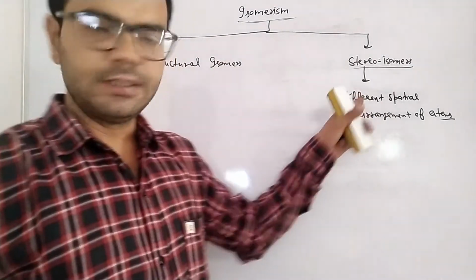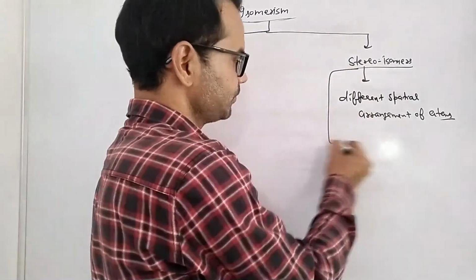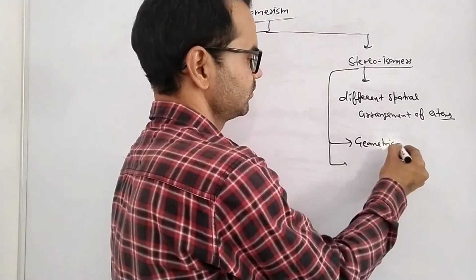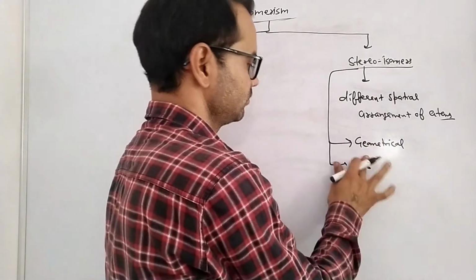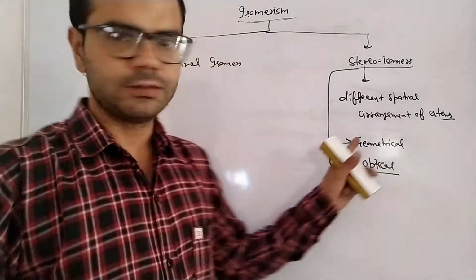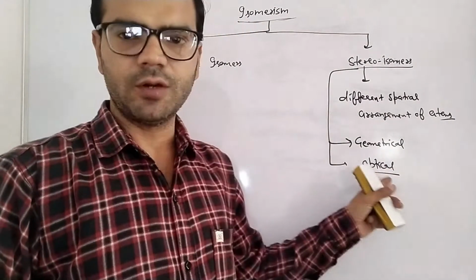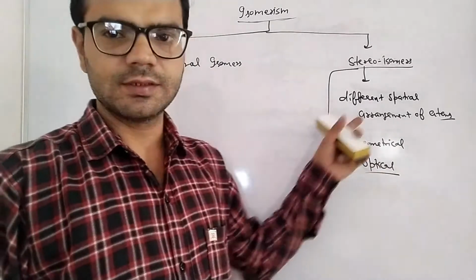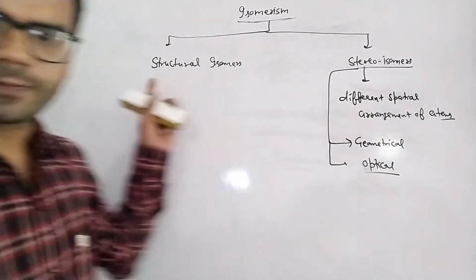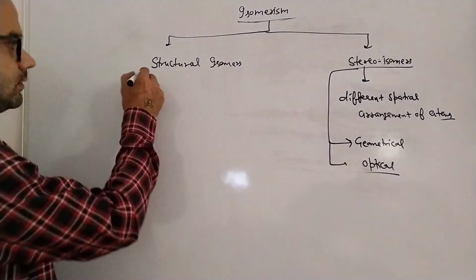We can further divide stereoisomers into geometrical isomers and optical isomers. In higher classes, you will study stereoisomers. In 10th standard, we have structural isomers.